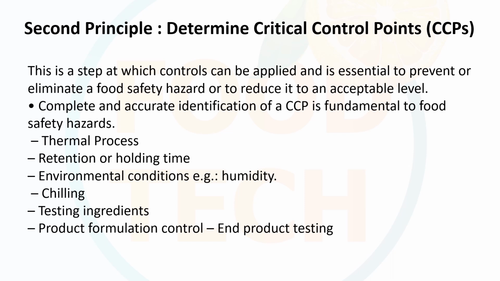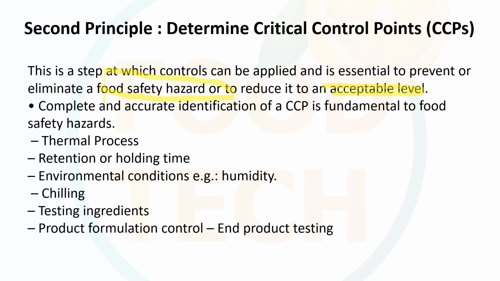This step involves what controls can be used in order to keep the food safety hazards, which we have already discussed in the previous principle, at an acceptable level. So this is the thing about critical control points.